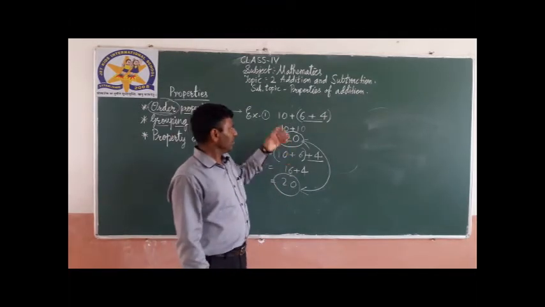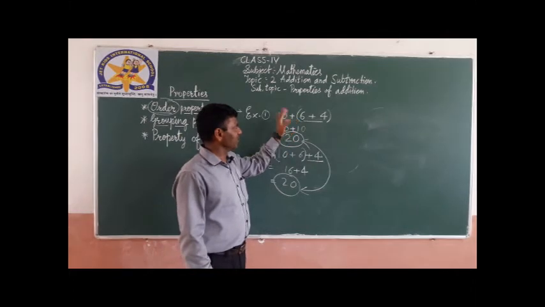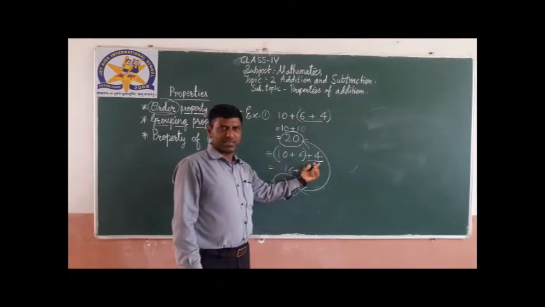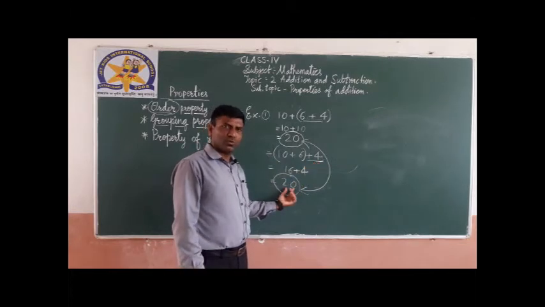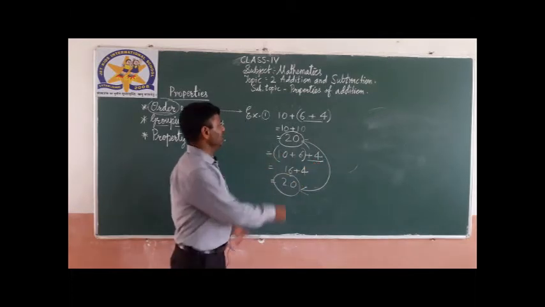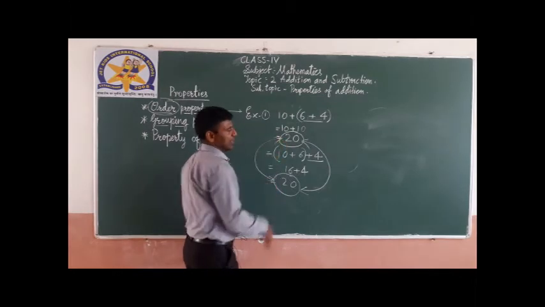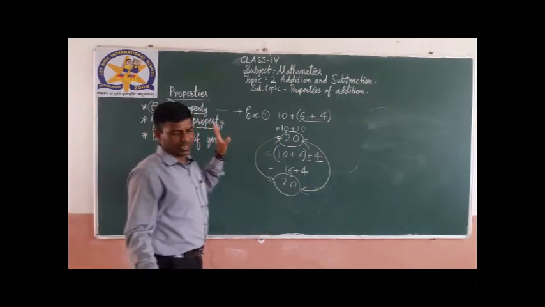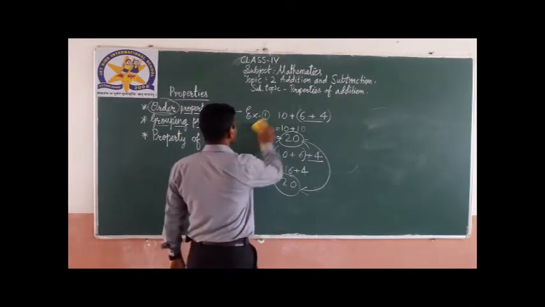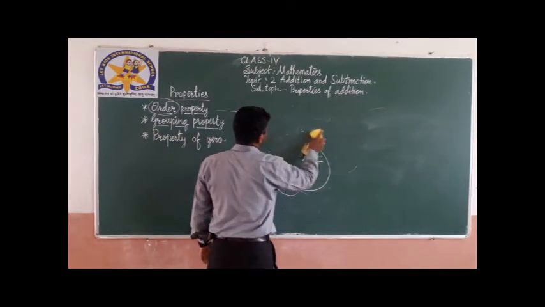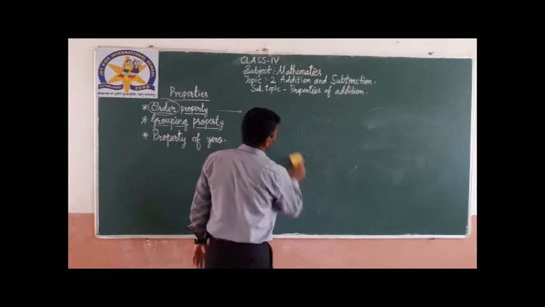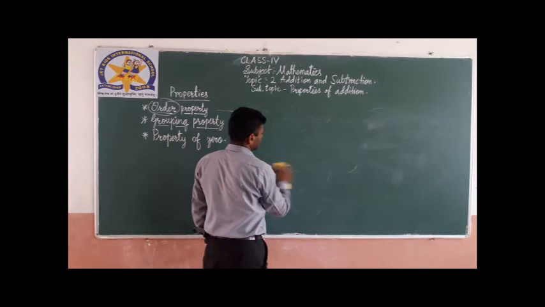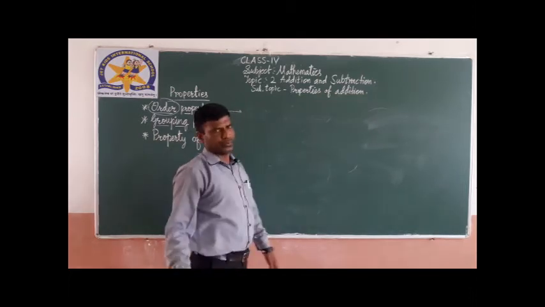If we group this one first or this one last, there is no change in the answer or sum. This is called the grouping property of addition. When more than 3 or 4 numbers come, this property will help you. Understand?